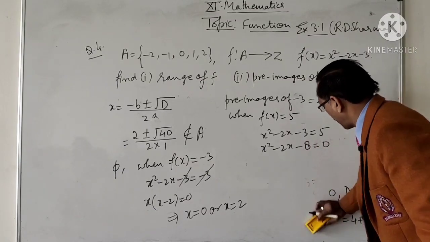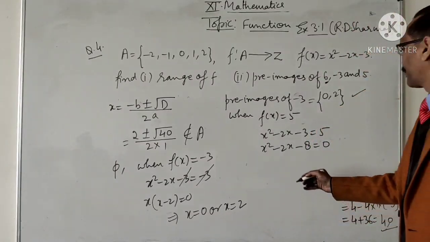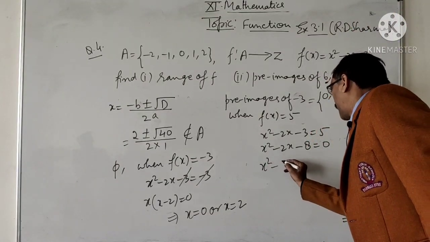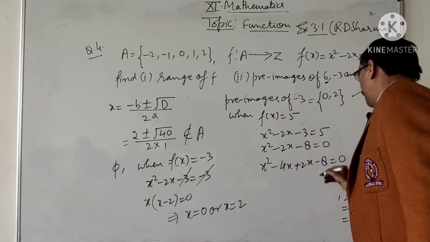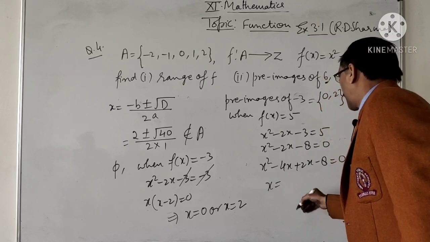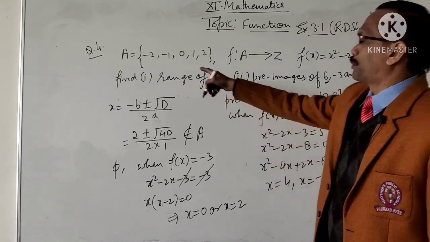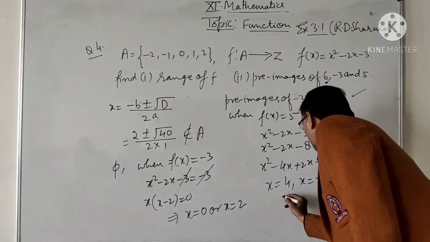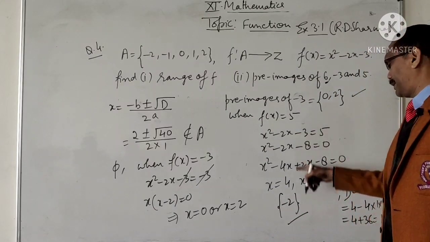From this we will get the values of x, that is, -4x + 2x - 8, so x equal to 4 and x equal to -2. 4 does not belong to A, so the pre-image of 5 is -2.